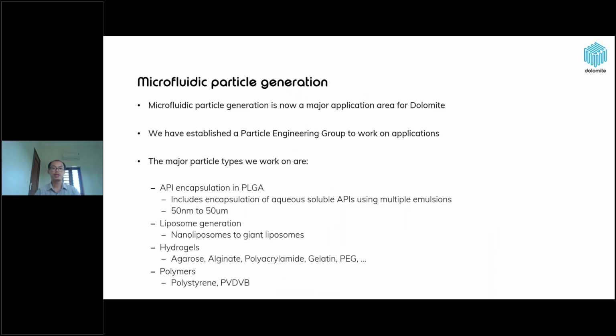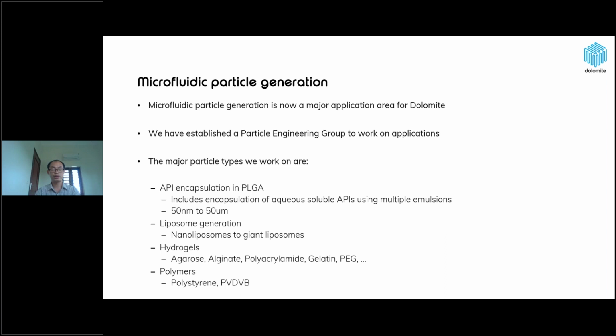Microfluidic particle generation is now a major application area for Dolomite. We have established a particle engineering group to work on applications, and we make major particle types, including API encapsulation in PLGA. We include the encapsulation of aqueous API using multiple emulsions, with particle sizes ranging from 50 nanometers to 50 micrometers.